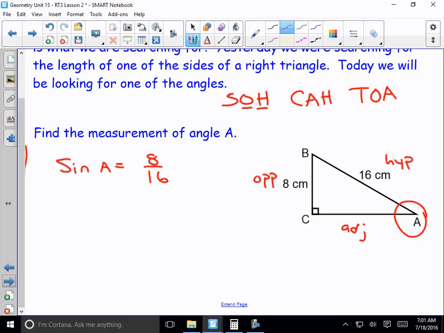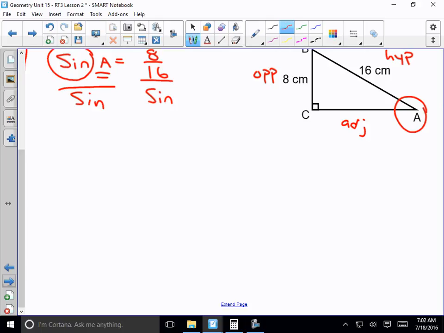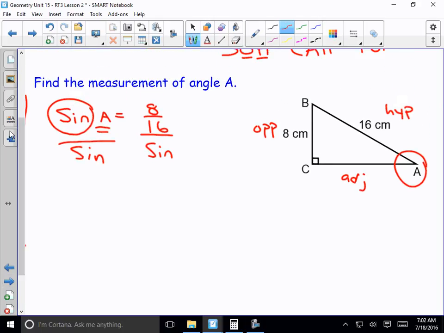In this case, we want A by itself. Mathematically, we know how we get rid of a piece. We want to get rid of the sine, so we want to divide both sides by sine. Now, there is no divided by sine button on a calculator. So how do we divide by sine? We did that in the last screen.